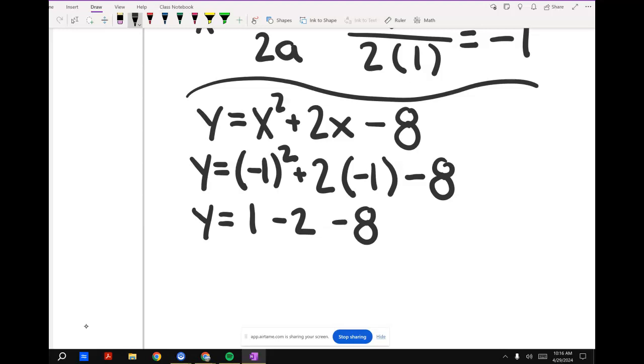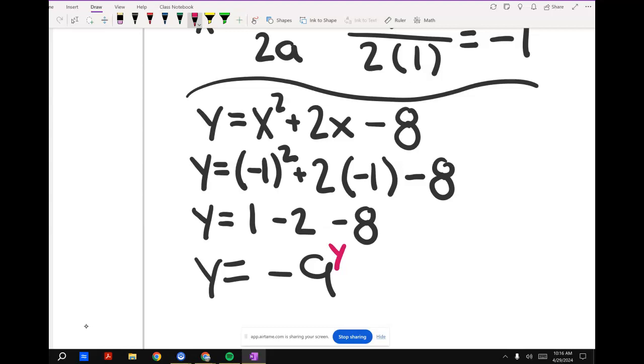So simplifying that whole bit, we get y is equal to negative 9. All right, and that's our y value. So that's what we did on Thursday. That's all we practiced on Thursday.